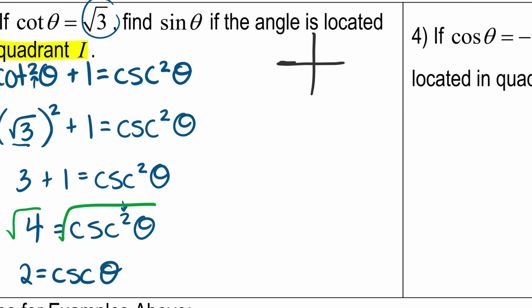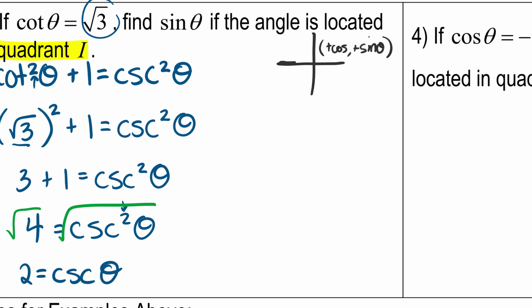And if I'm in quadrant 1, that means I have positive cosine and positive sine. Okay? So because I'm looking for sine, this answer will be positive. Depending on where it was, it would make sine negative. So you got to pay attention to the quadrant. Okay, so it's positive. We don't have to worry about changing the sign.